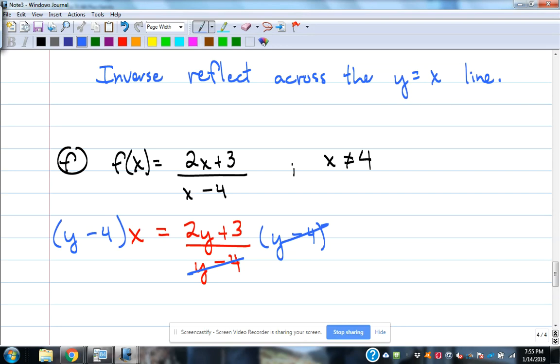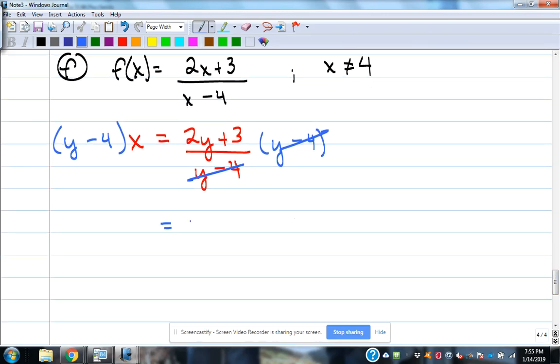Because that's the biggest problem in this equation, the big fraction part. So we get rid of that. Well, that gets us 2y plus 3 on the right-hand side. On the left-hand side, we've got xy minus 4y, or 4x, excuse me.